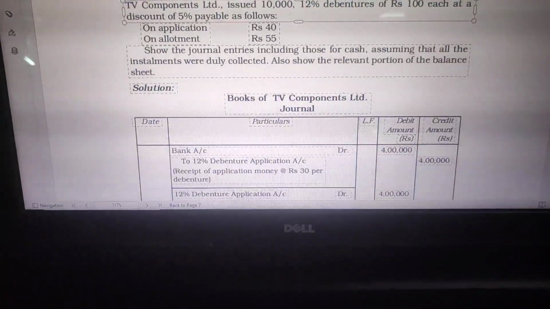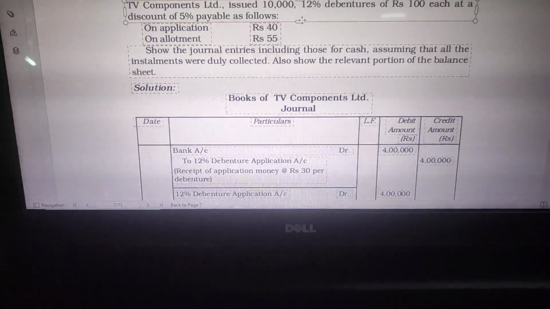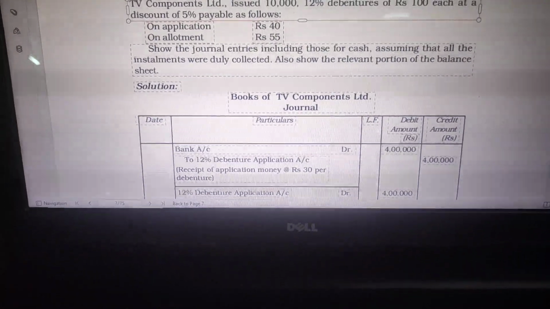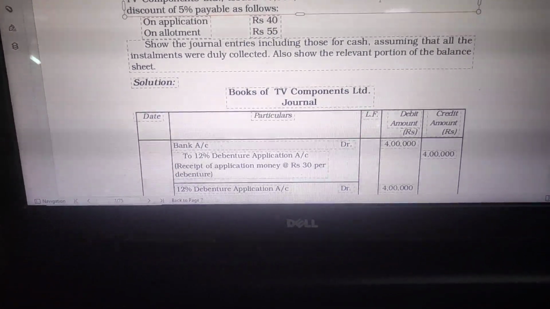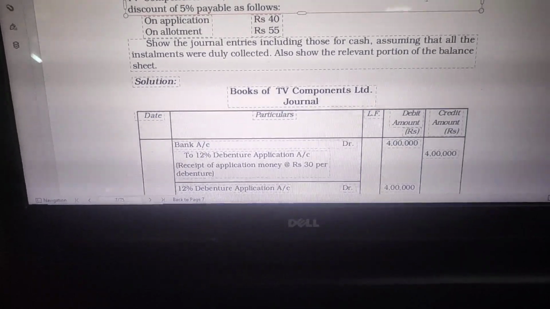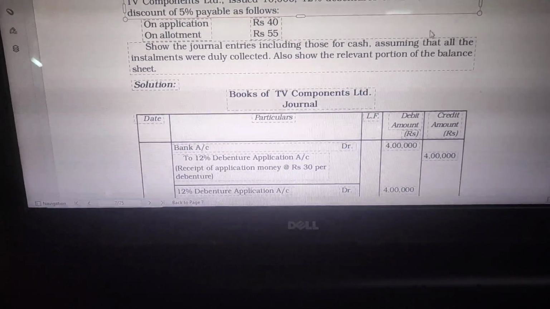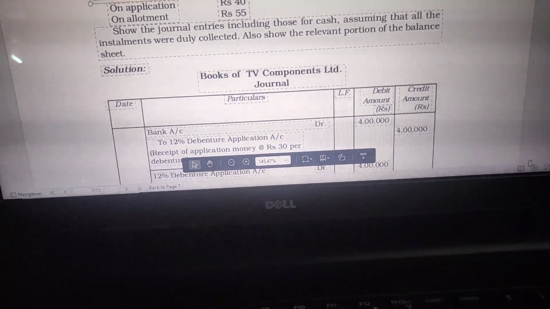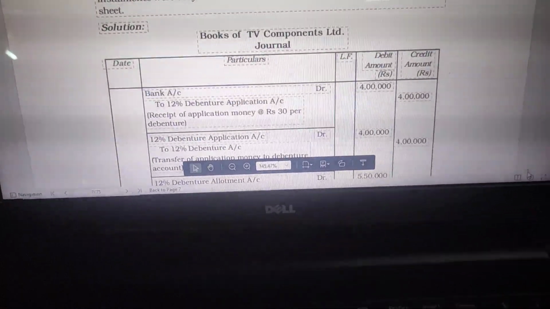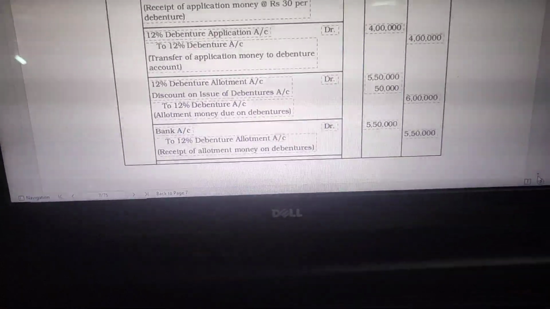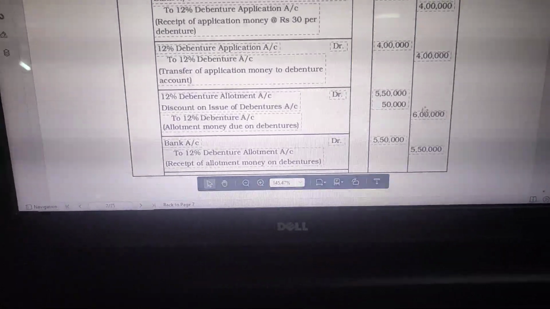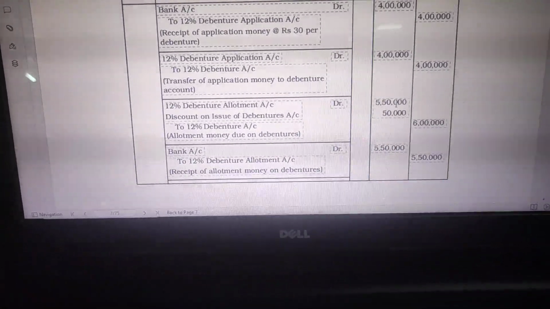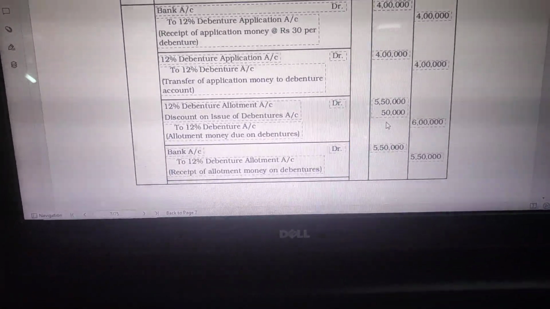The whole amount of debentures will be calculated as 10,000 into 100. Multiplying that by 5%, it will be 50,000. 50,000 will be the discount on issue of debentures. And here it's written as the total amount 6 lakhs, by totaling the 5,50,000 and 50,000.